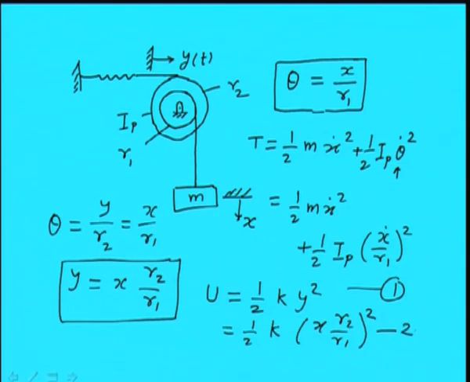So this is the second equation. First one is the kinetic energy, second is the potential energy. Now we have got both the energies, we can sum them up, and if we take differentiation of this, we will get, let us say, first we are writing this, which is constant.